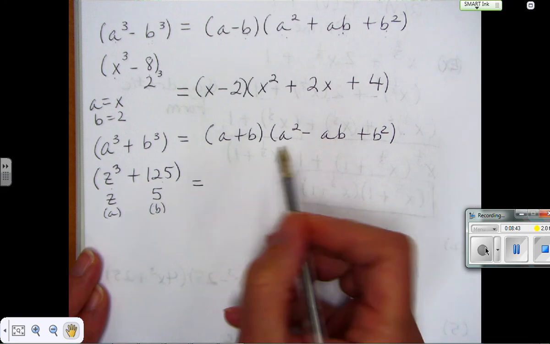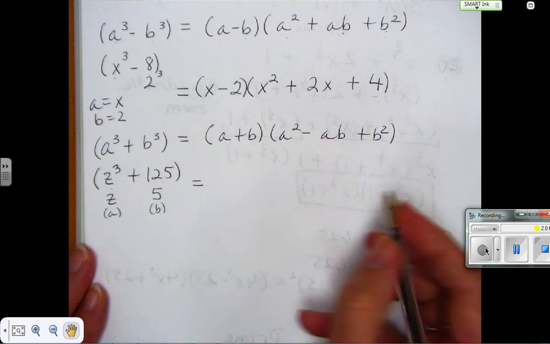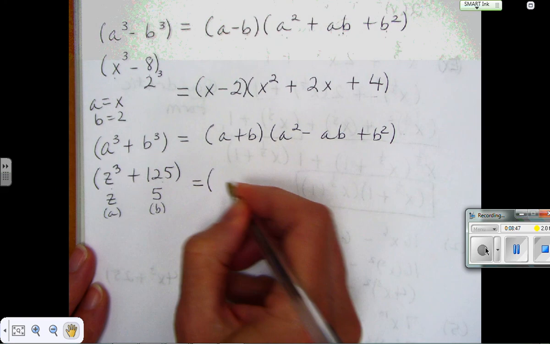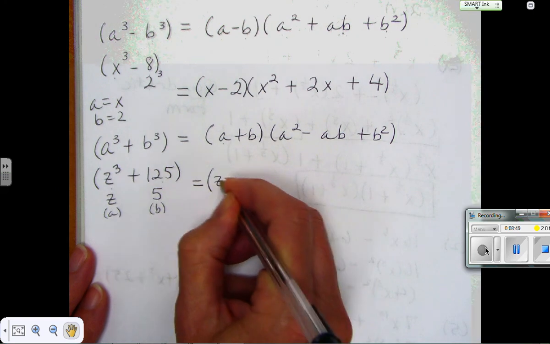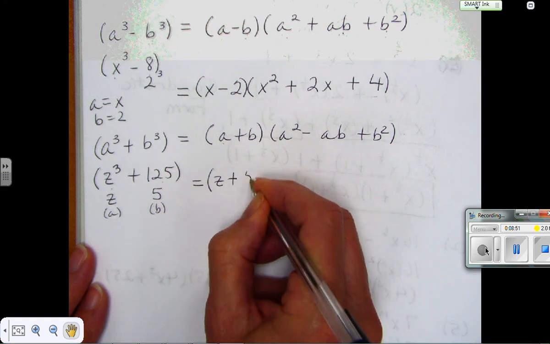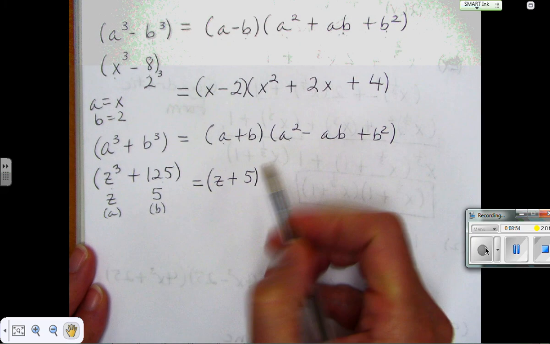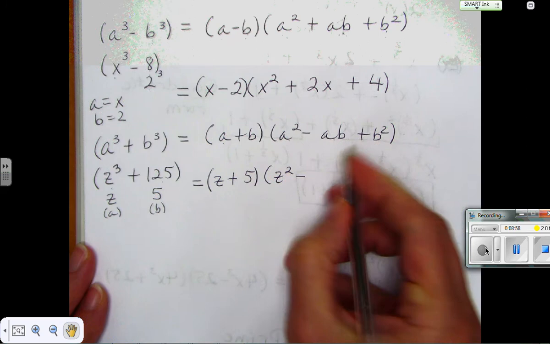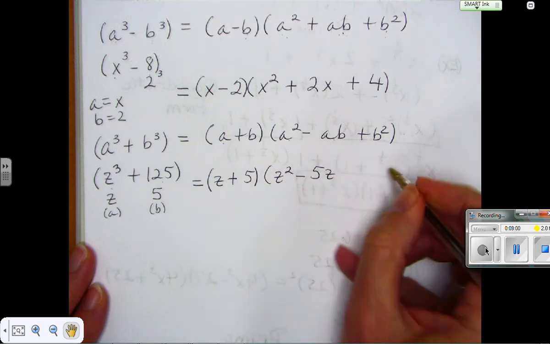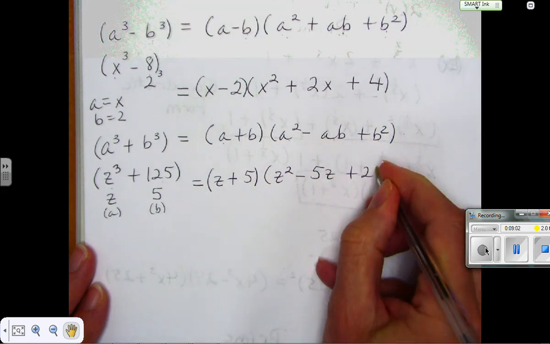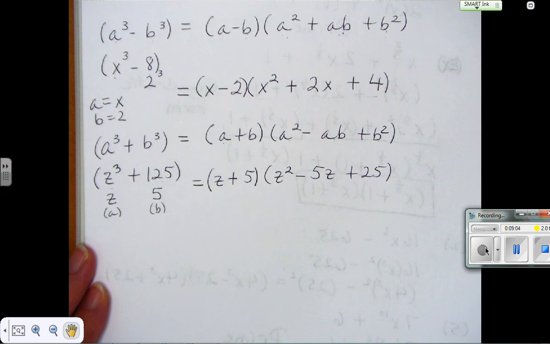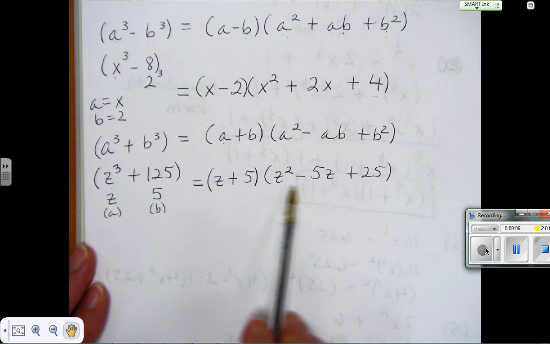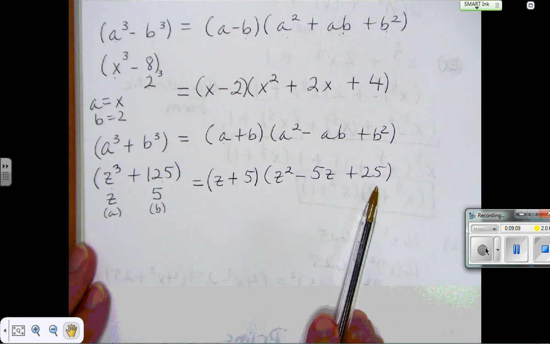We're just going to follow this pattern, putting the variables in. So a is z, and it's plus b. a squared is going to be z squared. a times b is 5z, and then b squared is 25, and those are your factors. The trinomial is always prime. You can't break it down.